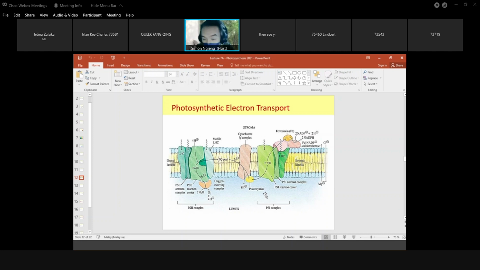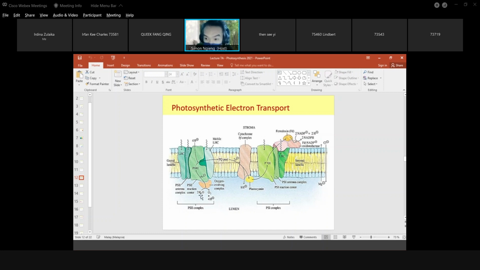Accumulation of hydrogen inside the lumen is important for your photosynthesis process. That is one of the requirements. As more and more H plus accumulates inside here, the condition inside basically becomes more acidic. You have more acid, you have more H.